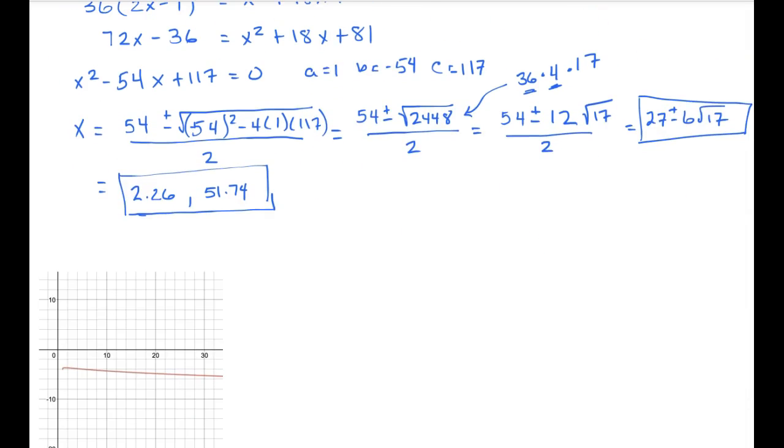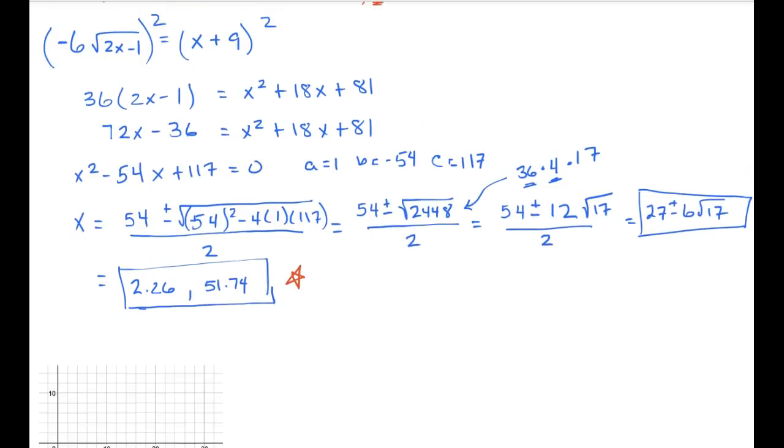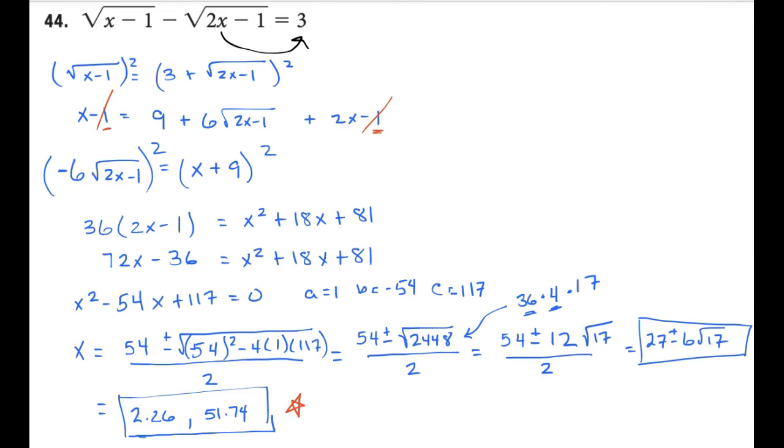So I just wanted to explain this answer to you because as it turns out, this one is one that doesn't check. It doesn't work. And one of the reasons I wanted you to continue on until we had the decimals is so that you could plug it back into the formula. If you plug both of those numbers back in to the original formula, so 2.26 for x, you don't get the right answers at all.